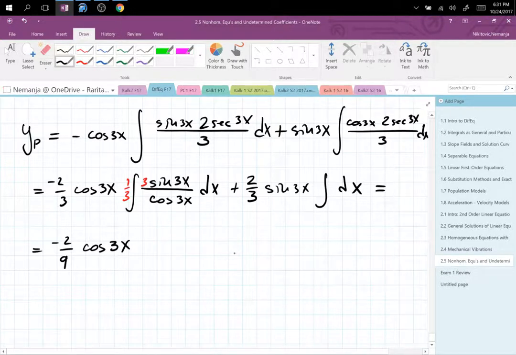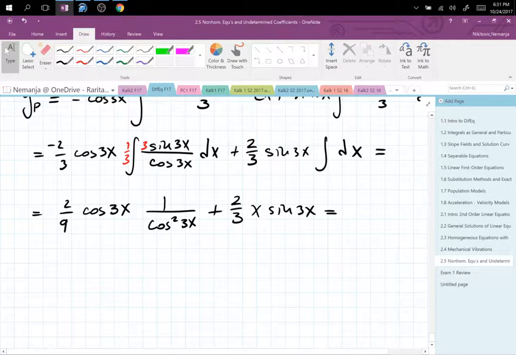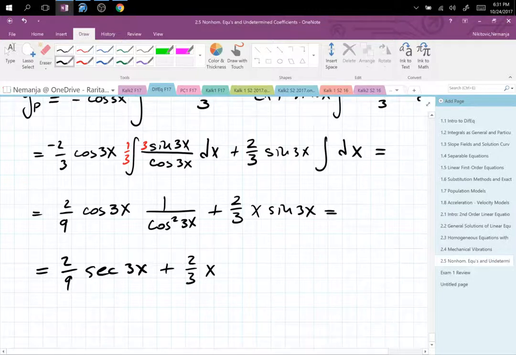Oh, it was negative, so it would be positive 2x at the end. And this over here is 1 over cosine squared 3x, plus 2/3 x sine 3x. So this is 2 over 9 secant 3x when you cancel everything, plus 2/3 x sine 3x, and that's it. Done. Walk away.